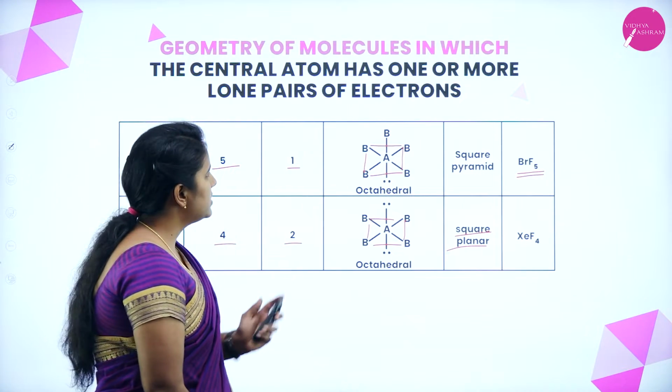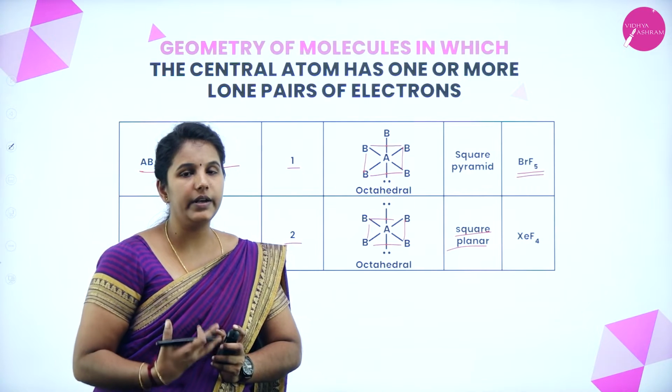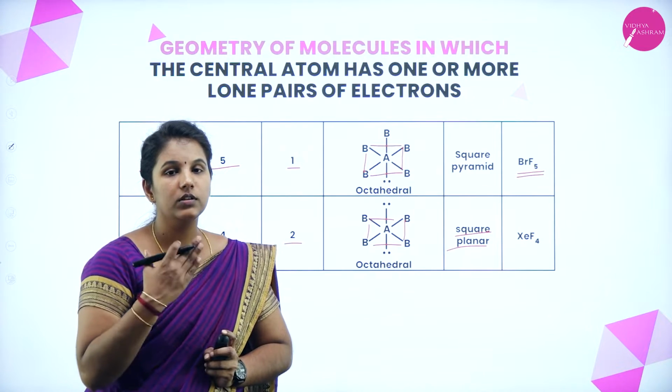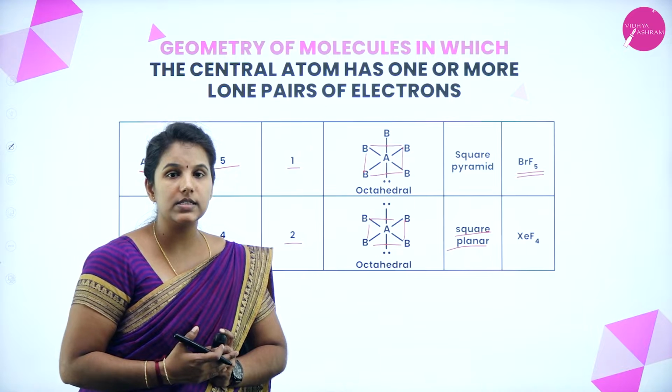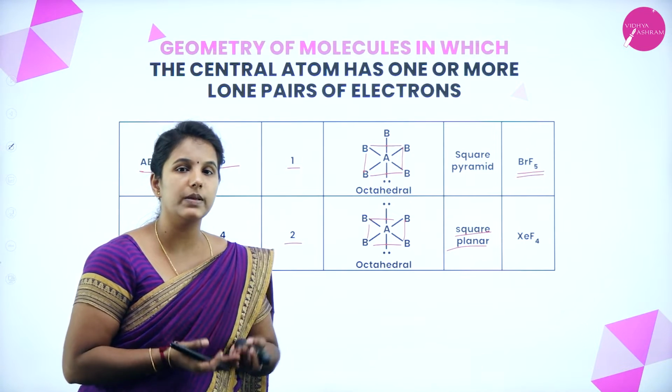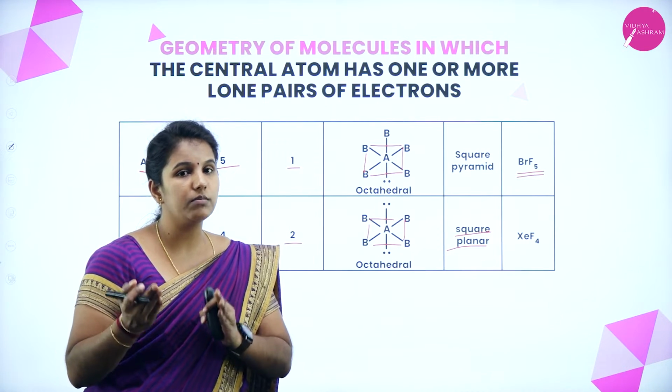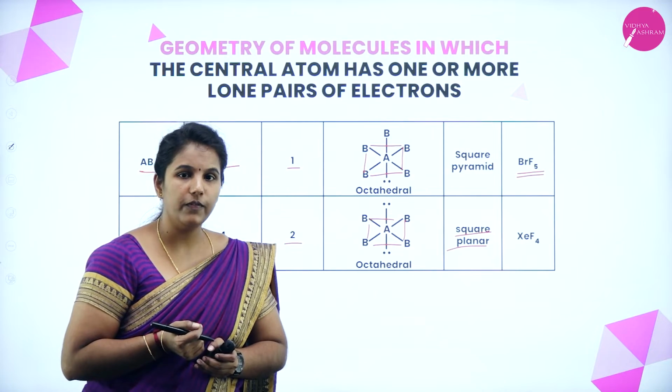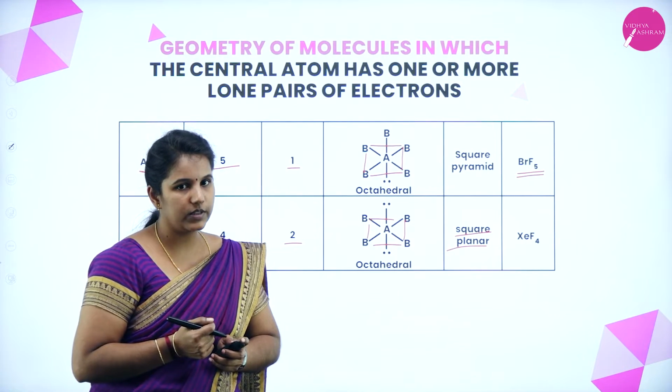So this is how we can easily predict the structure of a molecule, either by considering molecules with no lone pairs of electrons, or by considering molecules with lone pairs of electrons. So hope you all understood this concept.